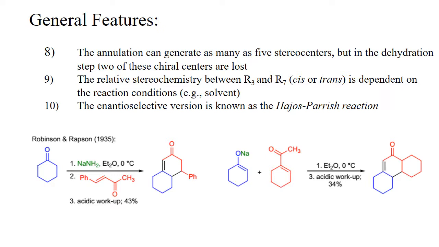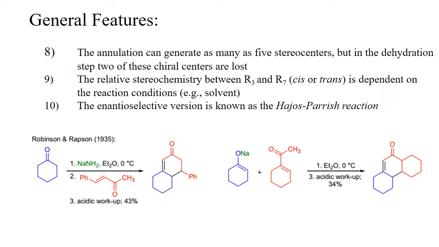Black bonds are the newly formed bonds between the two reactants. The cyclohexanone is shown in blue color and the conjugated ketone, or the Michael acceptor, is shown in red color.